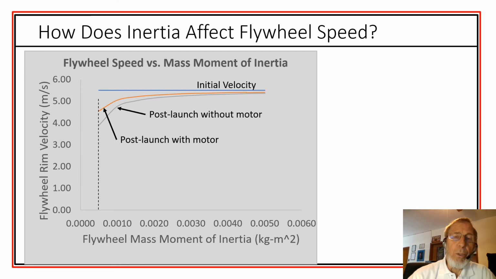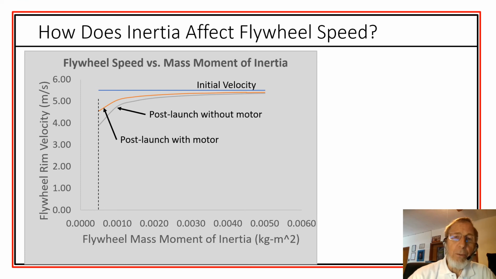And so with the motor adding energy at the same time as a launch, the drop in flywheel rim velocity is significantly less. Notice as we go left to right, the dashed line is the initial assumption of the mass moment of inertia for the flywheel.